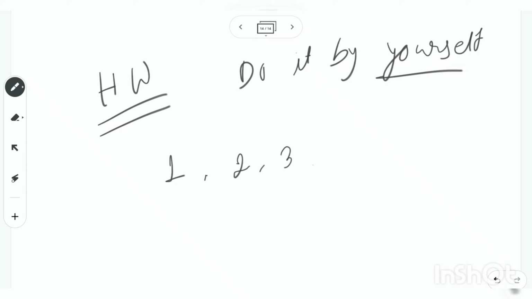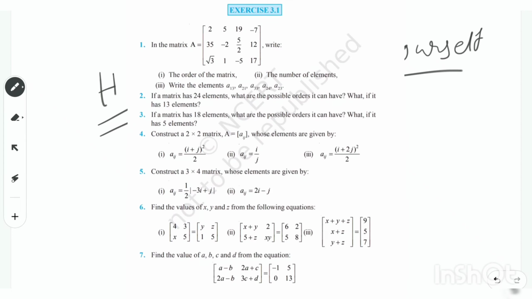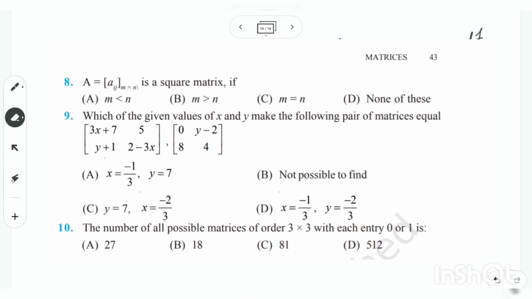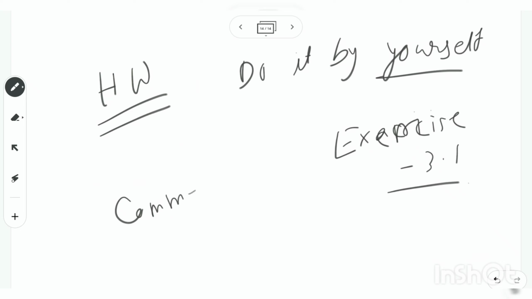You will do 2, 3, and up to 7 you can do by yourself. These are very easy questions. Take it as your homework, exercise 3.1. If there is any problem in exercise 1, you can comment with the question number.